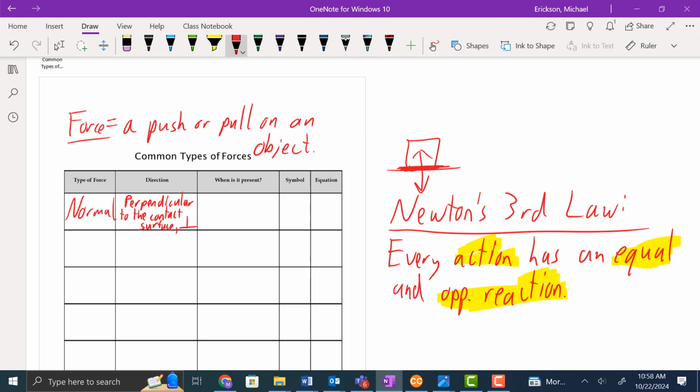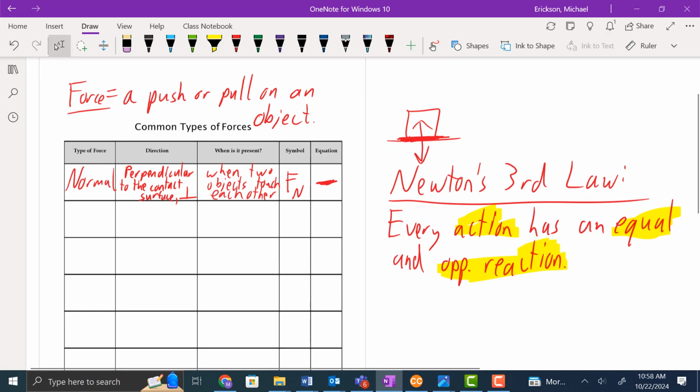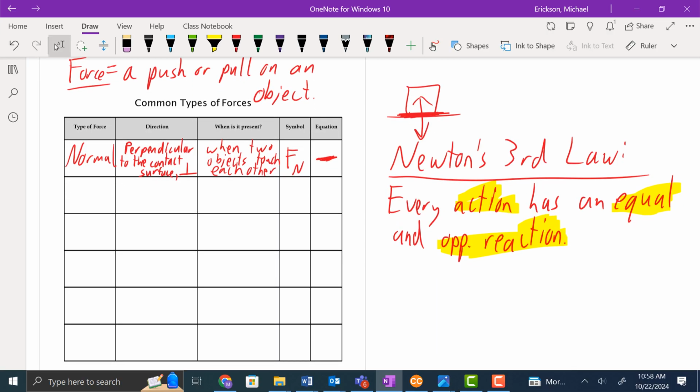When is it present? When two objects touch each other, if there's contact. Now, the symbol is Fn. For the equation, I'm just going to put a little dash here. Don't worry about it. No equation for now. You'll find with a lot of these forces, we're not going to fall to an equation.